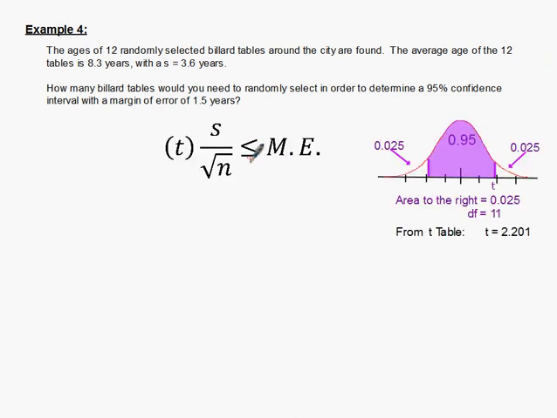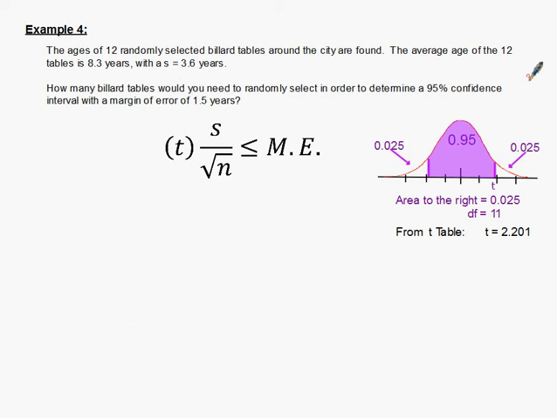Here's our margin of error using t instead of z. We get our t from the t-table. Degree of freedom in this case is 11. Notice that different than a proportions question, we actually have to have a pilot study. We have these 12 randomly selected tables as a beginning point.